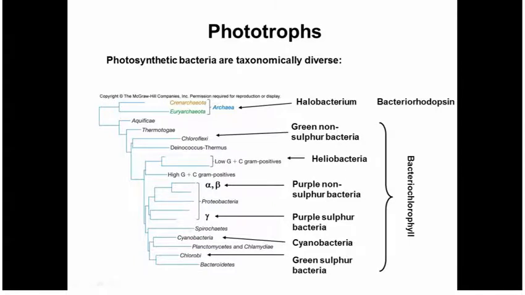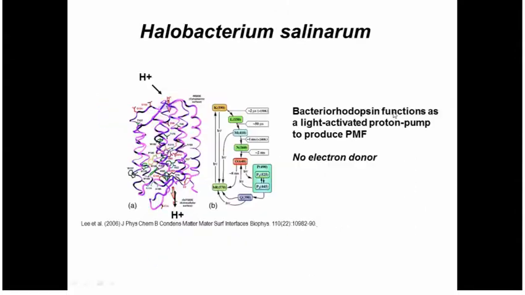Okay, so let's go back to Halobacterium and find out how it works. The photosynthetic system is based on bacteriorhodopsin. This is a 7 transmembrane helix protein with a pigment molecule on the inside. Basically, when light hits this, it acts as a proton pump.